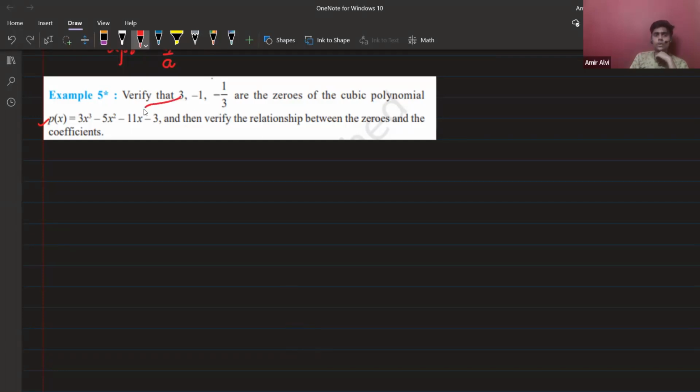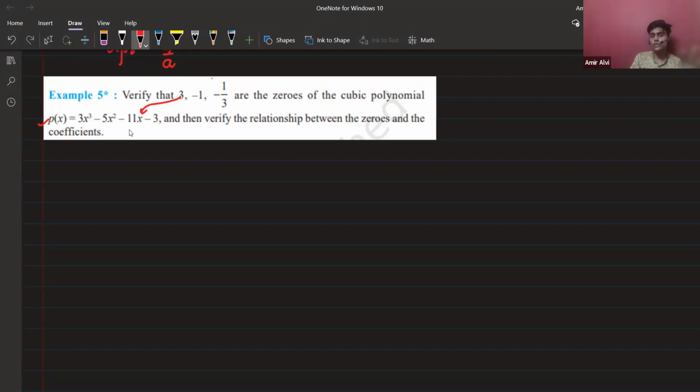Just put the values into the polynomial. Put the values of all three zeros, and if these make the polynomial zero, then 3 will be a zero of the polynomial, minus 1 will be a zero, and minus 1 by 3 will be a zero. You have to check whether they are satisfying or not.